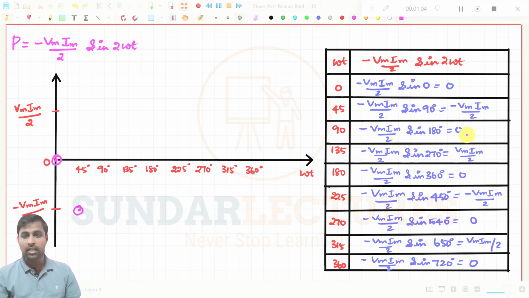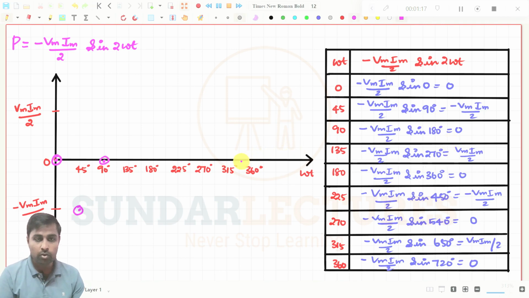Then at 90 degree, the sin 2 omega t becomes sin 180. What is sin 180 degree? That will be 0. So at 90 degree, it becomes 0. Then you just substitute all these values. At 135 degree, it becomes Vm Im by 2, and at 180 degree again it becomes 0.